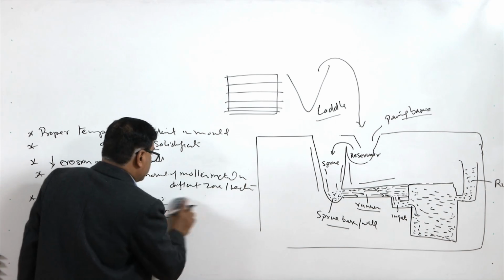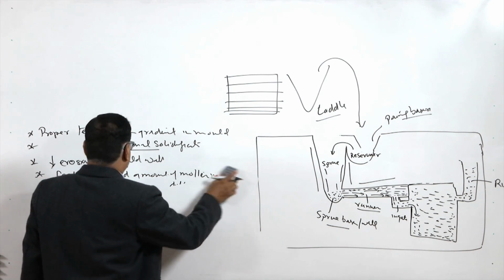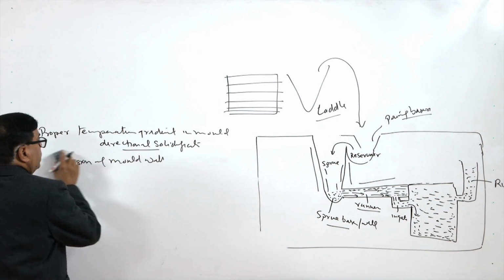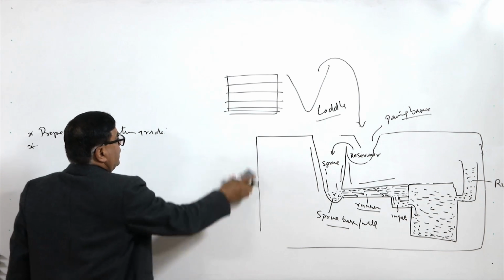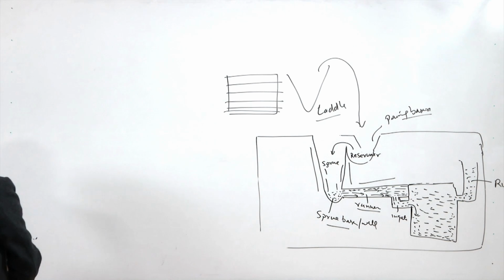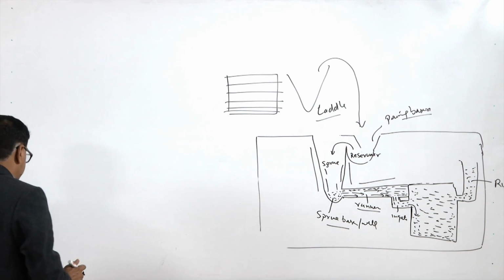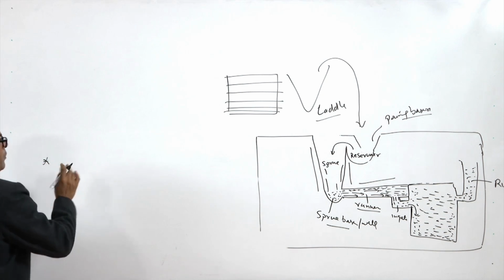So, the design of the gating system should take care of feeding the molten metal in the required quantity. Apart from feeding in the required quantity, there are two more functions.